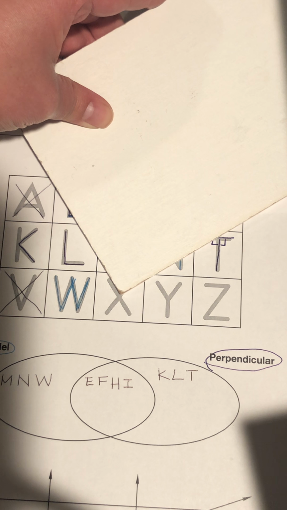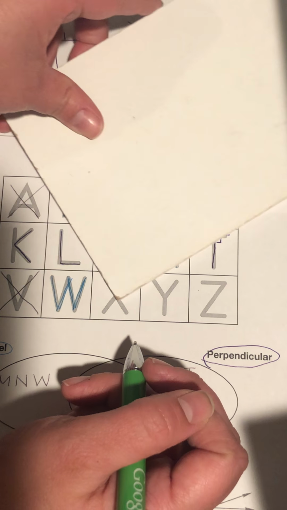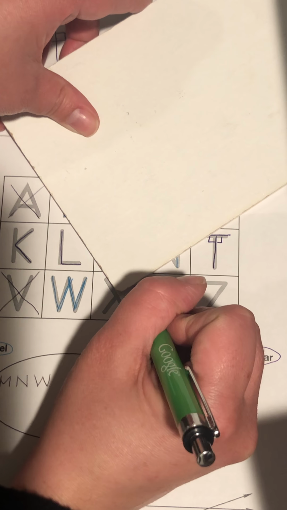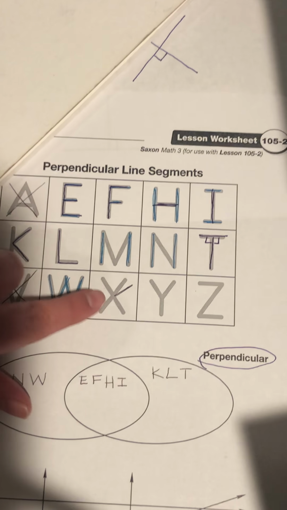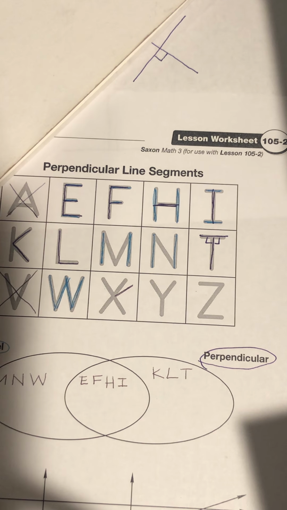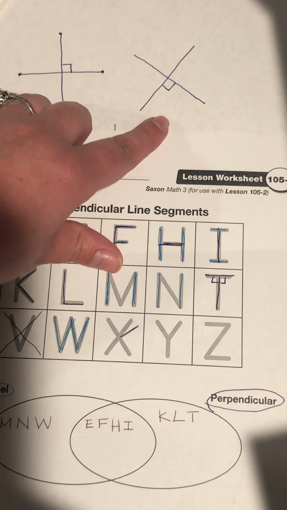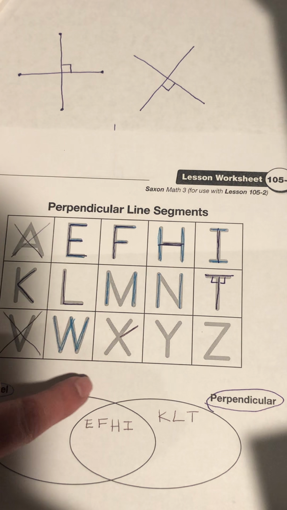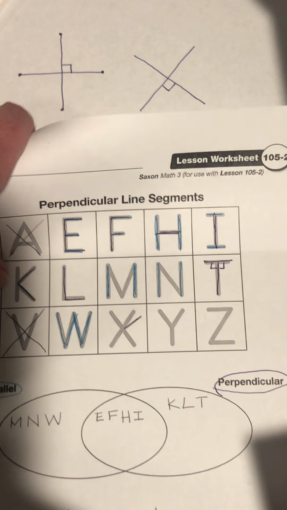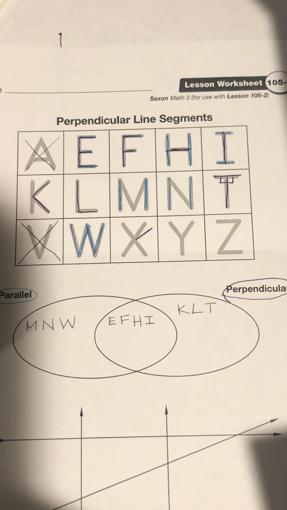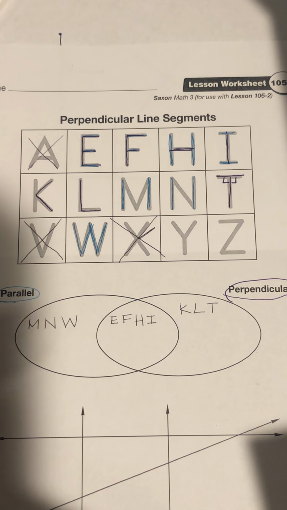If I were to make it 90 degrees, it would look like this. It would have to have that, and that's not how we write our X's. This one does make an X, but usually when we're writing it in handwriting, we don't write it with that 90-degree angle. So X has neither parallel or perpendicular lines.